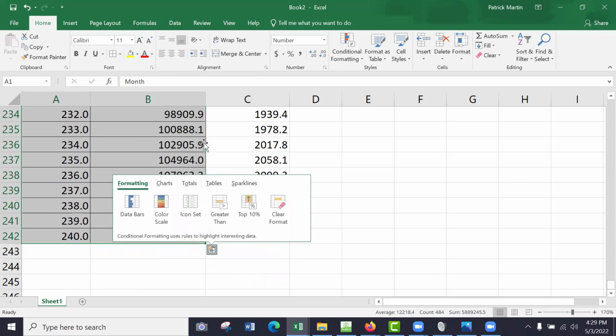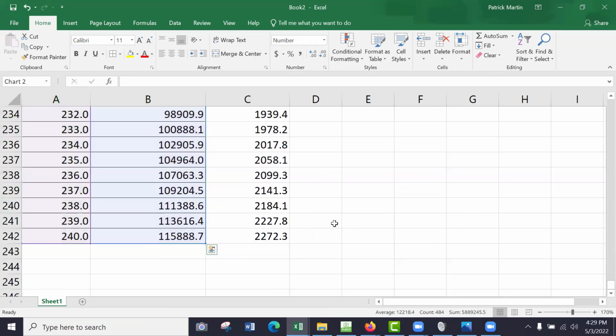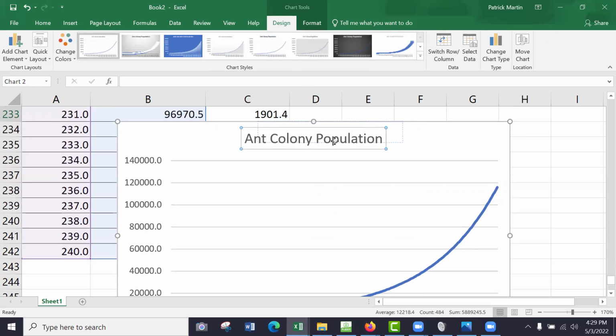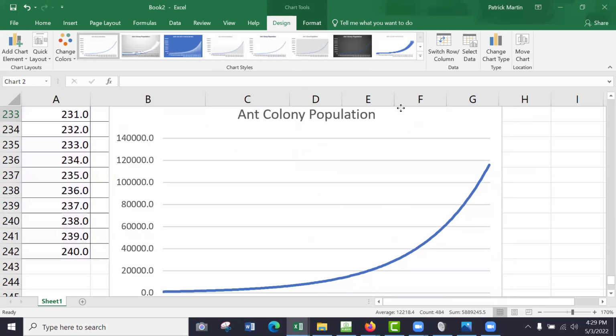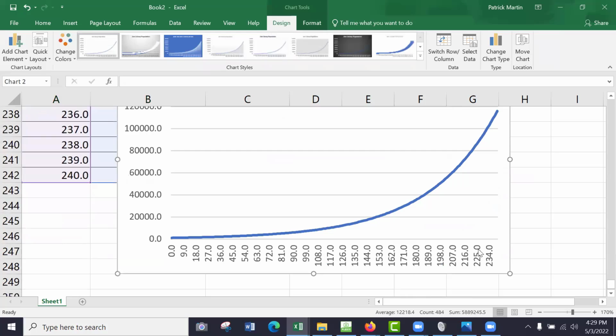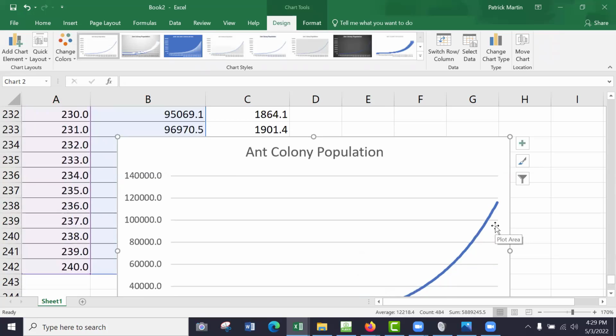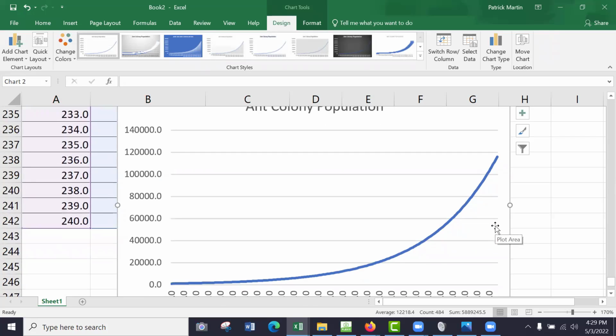Okay, quick analysis, charts. There we go. Hey, we got it. Look at that. All right, so that is our exponential. That is not a straight line. The more ants there are, the more ants to make more ants. Make sense? Absolutely. They keep shooting up until we get an anteater in this forest. These ants are just going to keep going, or maybe they'll run out of food.